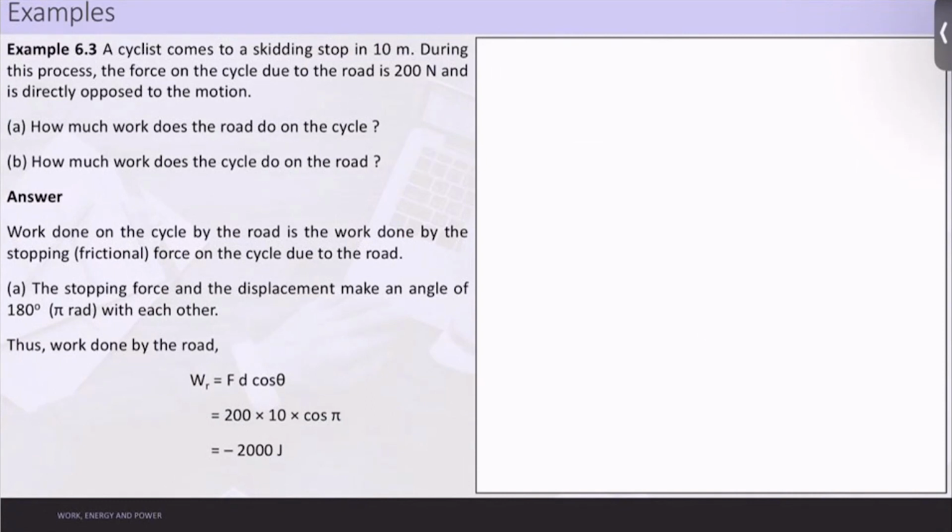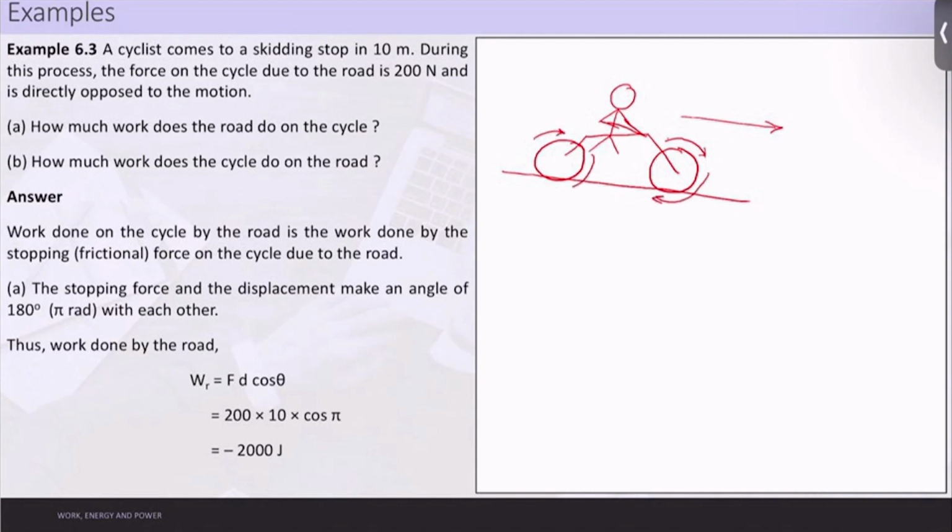A cyclist comes to a skidding stop in 10 meters. Let us understand what is being explained here. Let us say this was a cyclist, moving in this direction. Now he applied the brakes. When the brakes were applied, the tires were in rotatory motion, correct? The brakes were so good that the rotational motion was put to a stop.